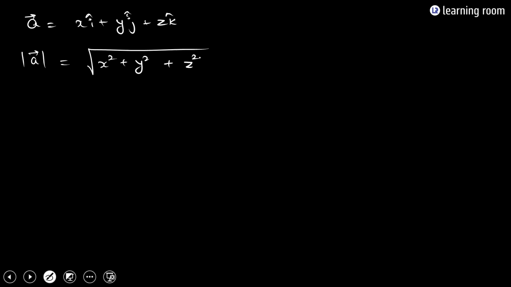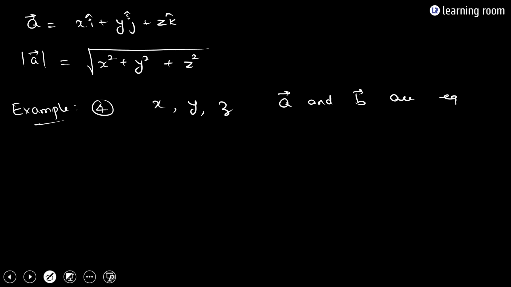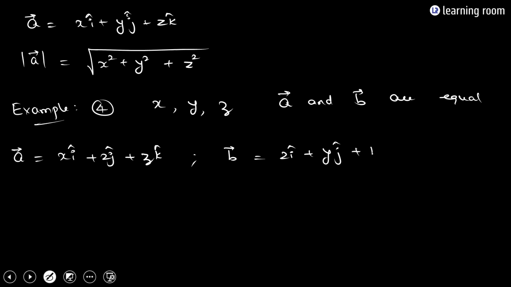Based on this, we will see some examples. Example 4: find the values of x, y, z so that A vector and B vector are equal. A vector is x i cap plus 2 j cap plus z k cap, and B vector is equal to 2 i cap plus y j cap plus k cap.